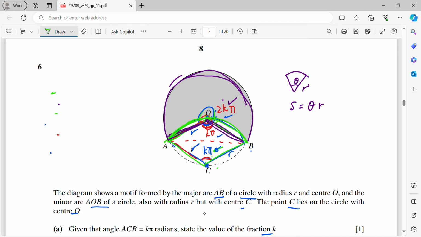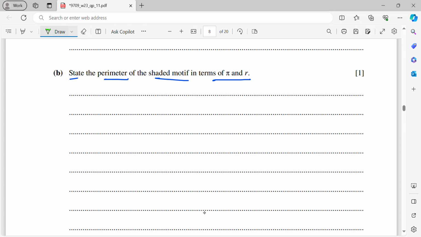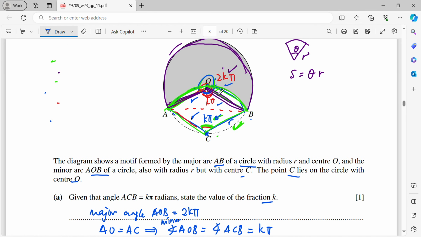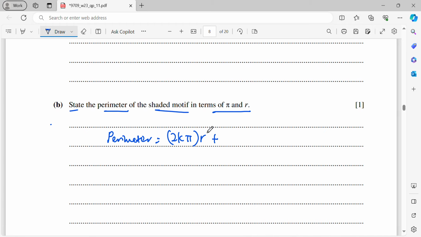That means the angle is K pi, and again the radius is R. So now basically my perimeter is the first one, the angle is 2K pi and the radius is R, and the second one, the green color, the angle is K pi, so K pi times R. When you get the total, it will be 3K pi R.